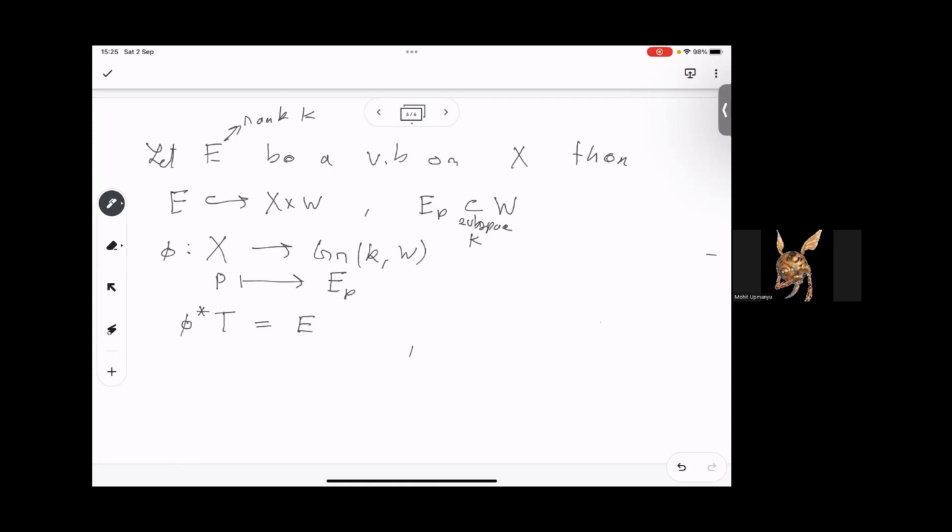One thing that we have not checked is the continuity. So I'll just point out how to check the continuity.